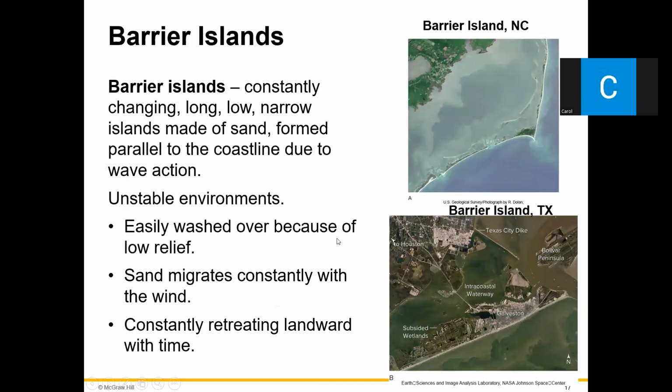Barrier islands. Again, this is the passive margins where you find these constantly changing, all by wave action and longshore currents. Very, very unstable, more or less temporary. But because it's so pretty, people love to build on it, as shown here in Texas. Yeah, the sand migrates constantly with wind.